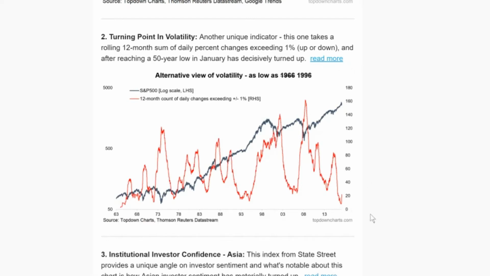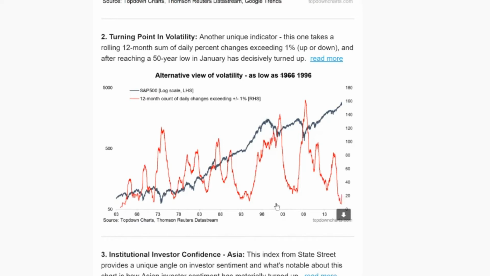This one is the rolling 12-month count of daily price changes exceeding plus or minus 1%, and you can see there, after hitting 50-year lows in January this year, it has decisively turned up.